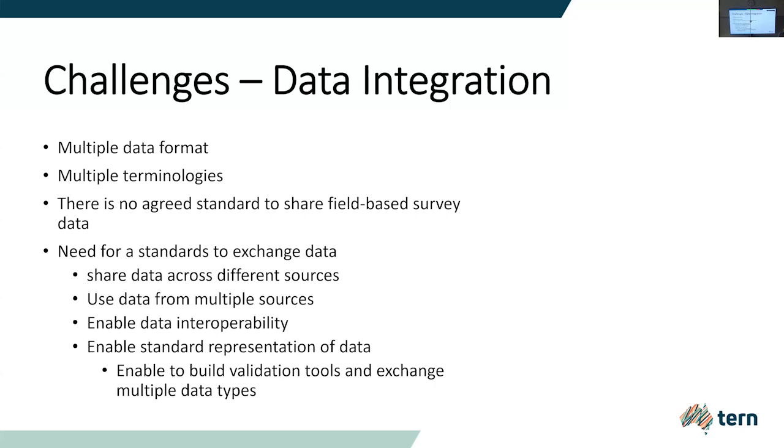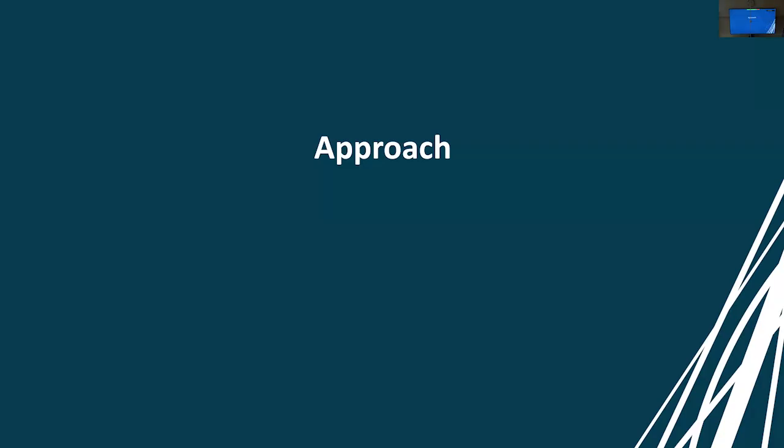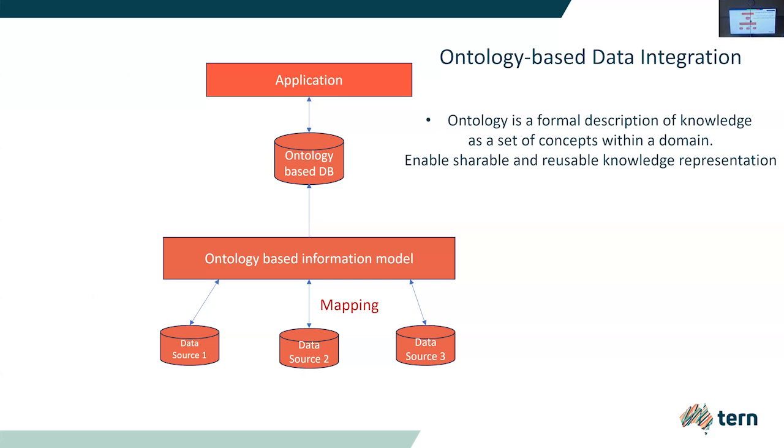At least that is a standard that everybody uses, so you know how to represent the data. Especially for site-based systematic surveys, there is no standard like that. That is a bit of a challenging thing, so we need to build that standard first to do any data integration. That's what we do.